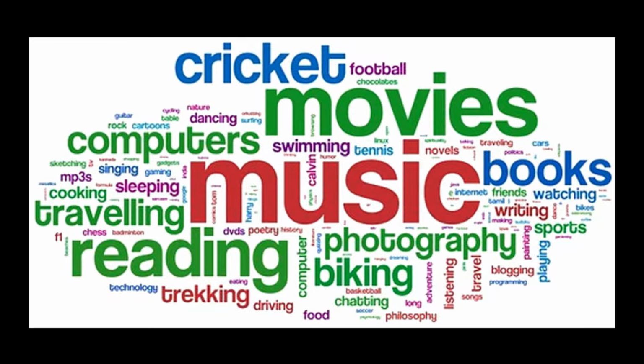This shows different ideas such as hobbies and other literary and artistic hobbies like movies, music, reading, photography, computers, books, writing, traveling, sleeping. So it's more like showing different hobbies.